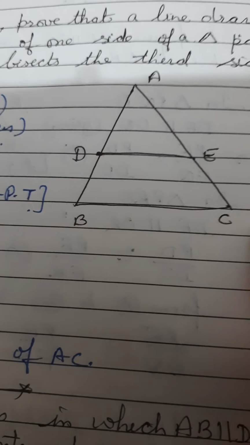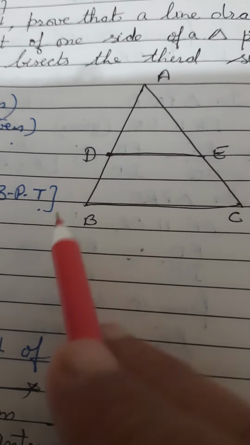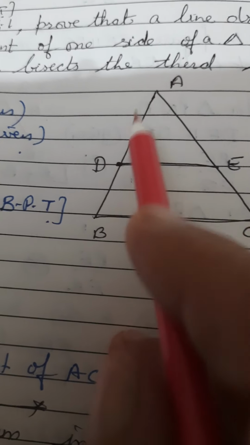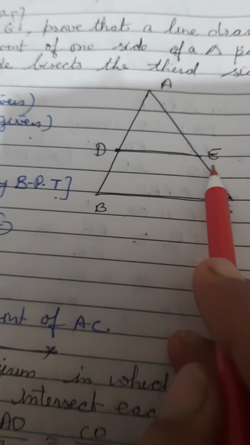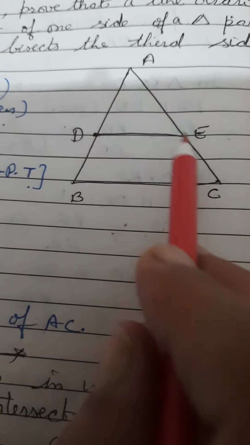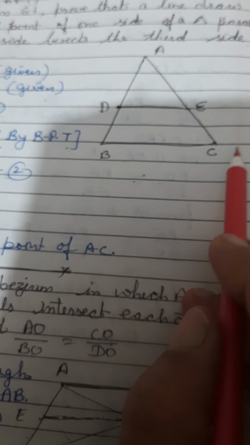What is given in this question? See here, a triangle ABC is given, then D is the midpoint of AB. We are to prove that this point E bisects AC.